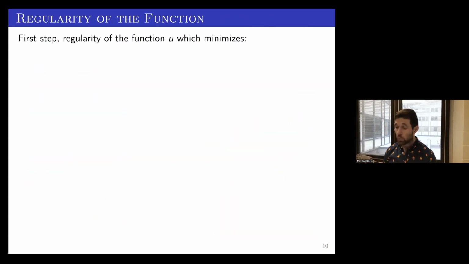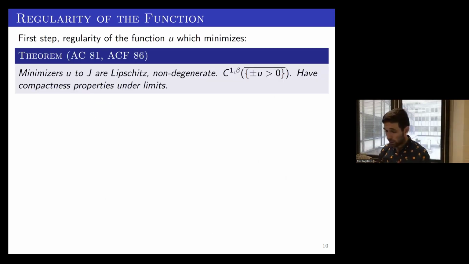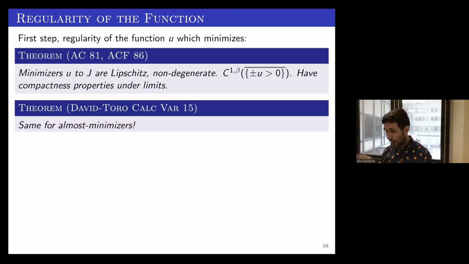So going back, before we can understand the free boundary, we have to understand the regularity of the function itself. And so these papers of Alt-Caffarelli and Alt-Caffarelli-Friedman tell us that minimizers of these functionals are Lipschitz, they're non-degenerate, they're smooth inside of their positivity set, and they have nice compactness properties under their limits. And then, more recently, Guy David and Tatiana Toro first studied almost minimizers of these functionals, and they showed that the exact same thing was true for almost minimizers of the functionals.